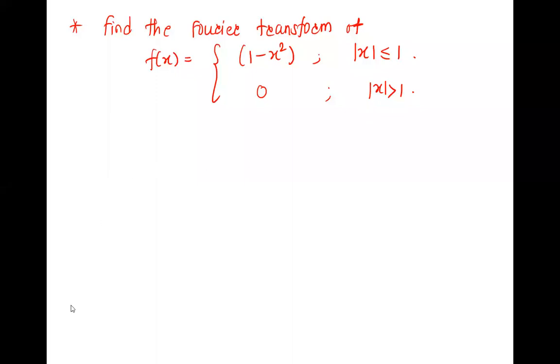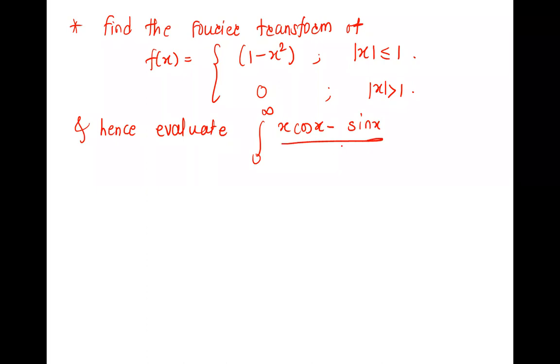This is the question, and hence evaluate the integration from 0 to infinity of (x cos x minus sin x) upon x cube into cos x by 2 dx.